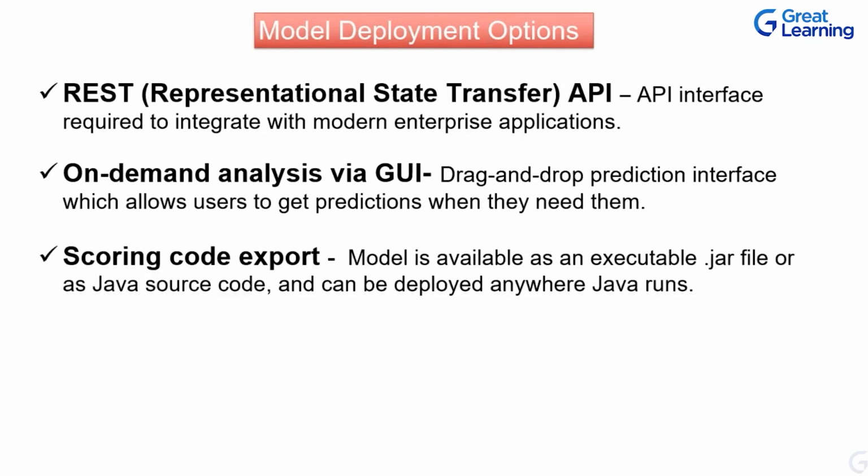Scoring code export. The model is available as an executable jar file or as Java source code, and can be deployed anywhere where Java runs, right? Something on similar lines is what we'll be using in a Flask environment.